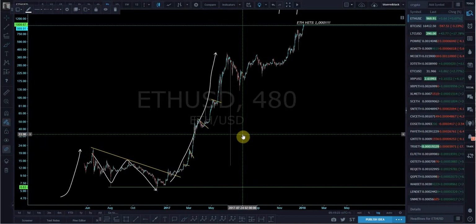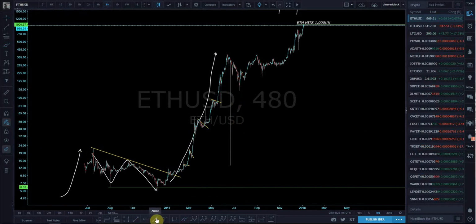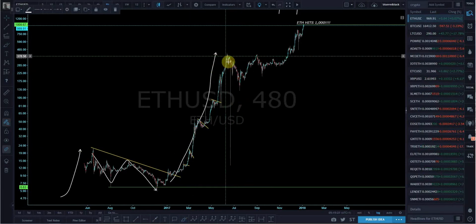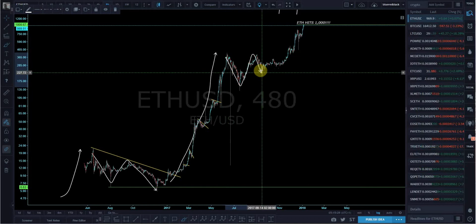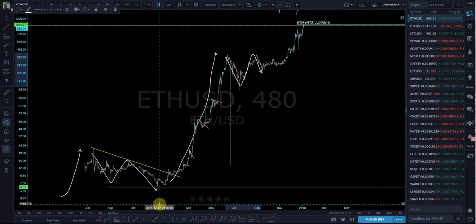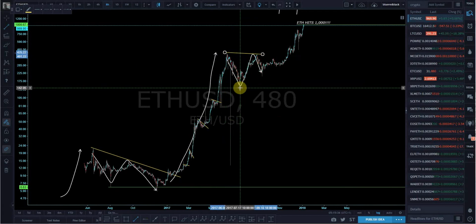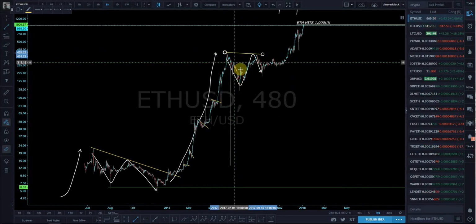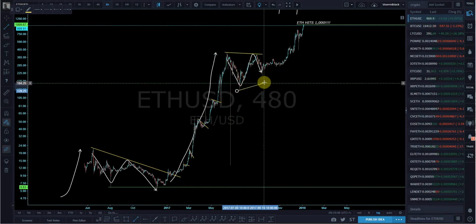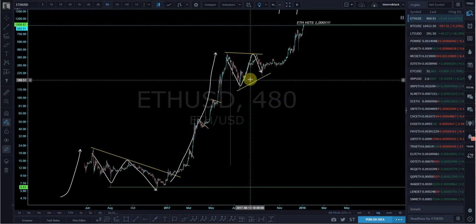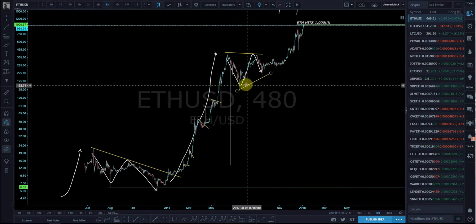But notice again, you'll have a 1, 2, 3. And then this is a contracting flat where the second wave, or the B wave, doesn't break the top of this, and the C wave doesn't break the bottom of the A wave.